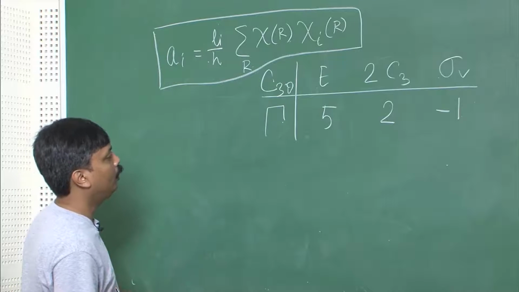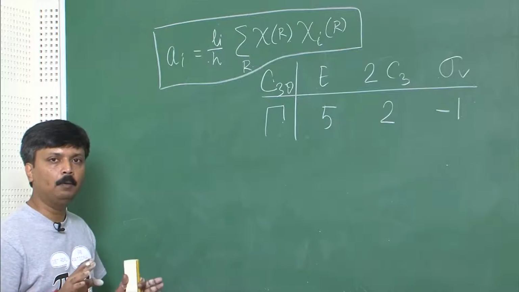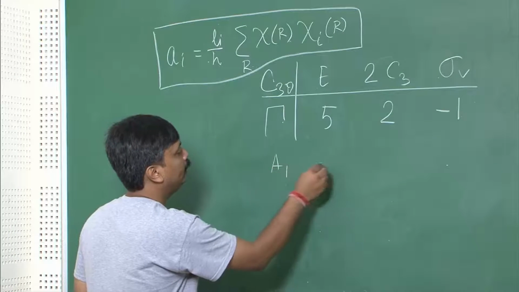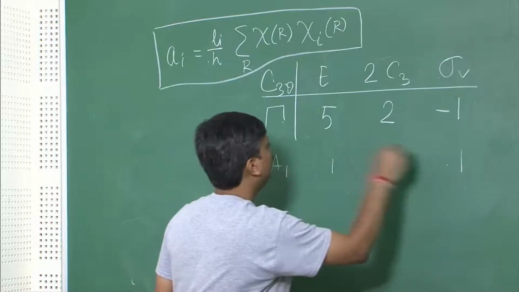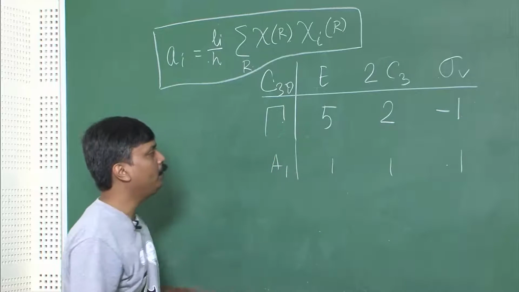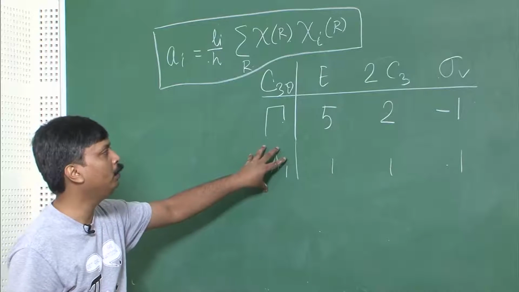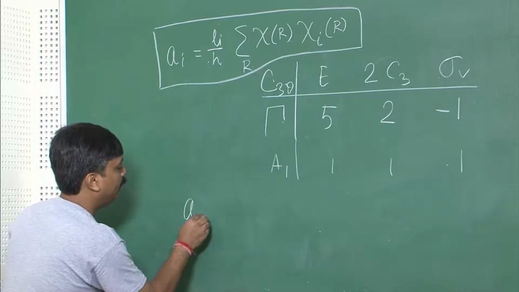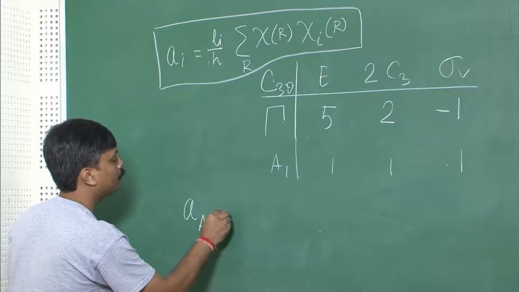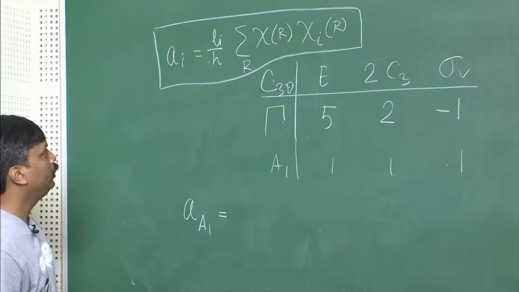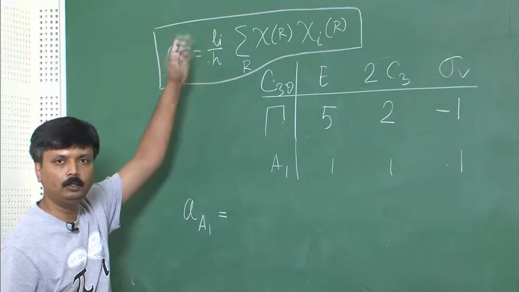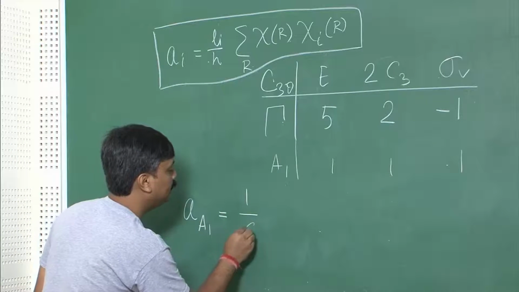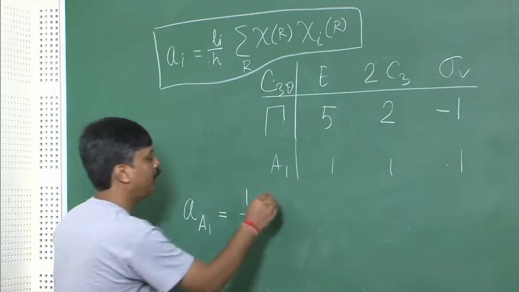So now if I remember what was A1, A1 was all 1. So suppose for example, I write A1 here. So A1 was this, correct, totally symmetric IR. Now I would like to find out how many times A1 will occur if I reduce this one. So let us look at that, A1. So li is 1, so I do not care about that. So it is 1 by h, that means 6. Fine.